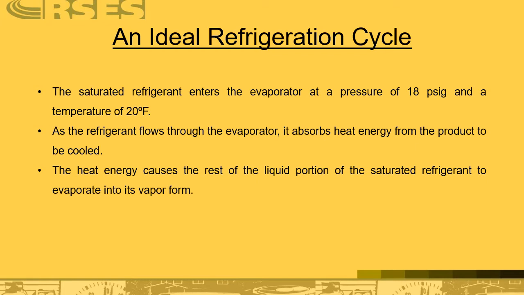Saturated refrigerant enters the evaporator at a pressure of 18 psig and a temperature of 20 degrees Fahrenheit. As the refrigerant flows through the evaporator, it absorbs heat energy from the product to be cooled. The heat energy causes the rest of the liquid portion of the saturated refrigerant to evaporate into a vapor form.